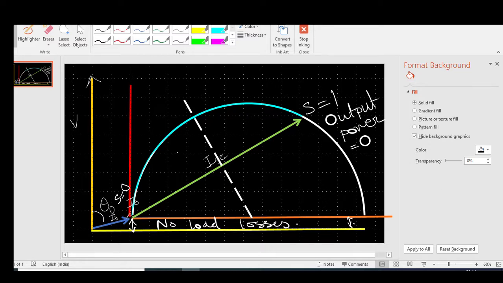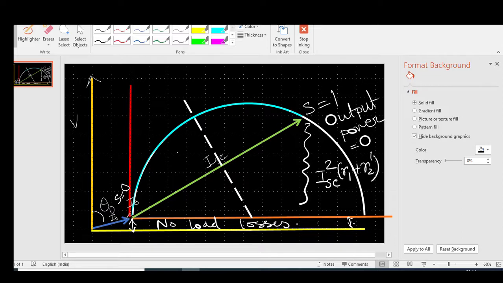Now, if that output power is 0, then what was the total power when you allow this much current to flow through your circuit? This vertical component total represents what?